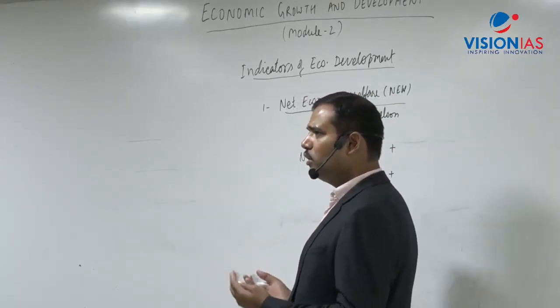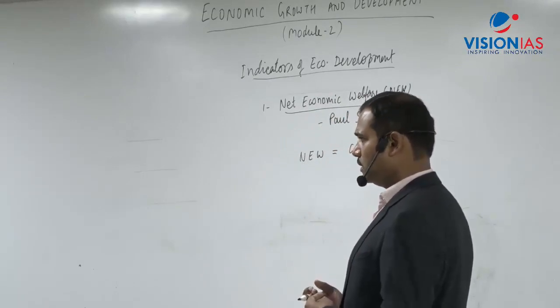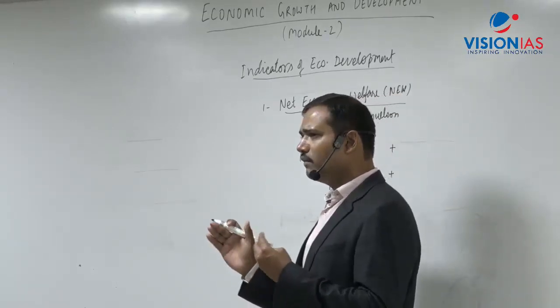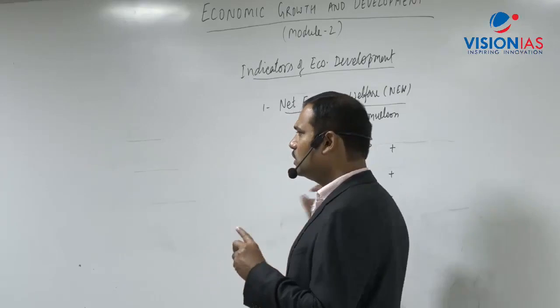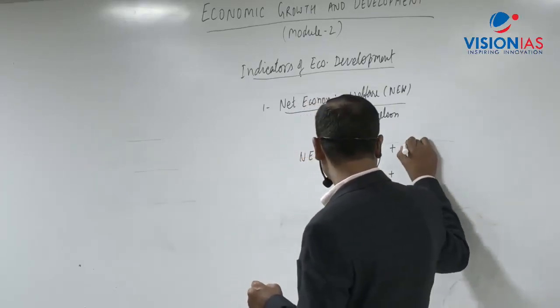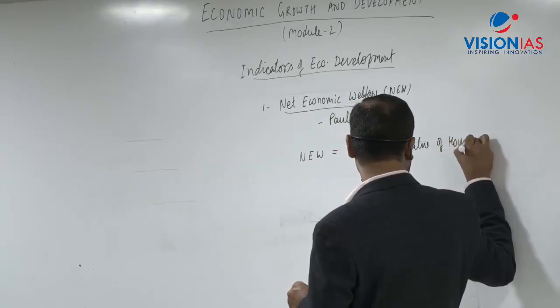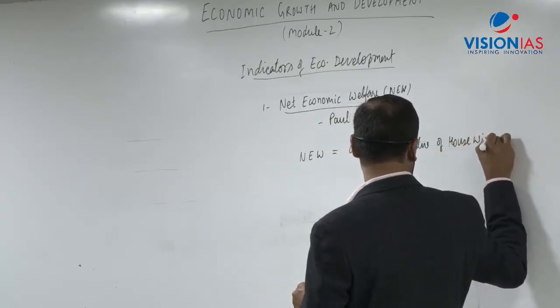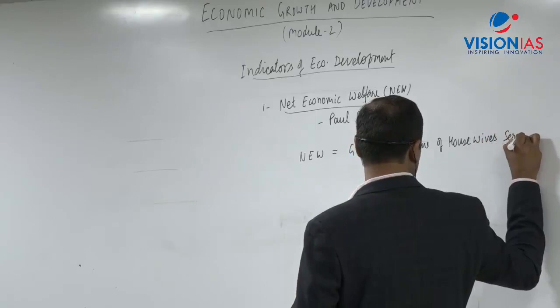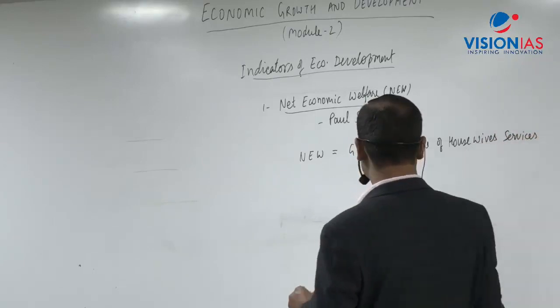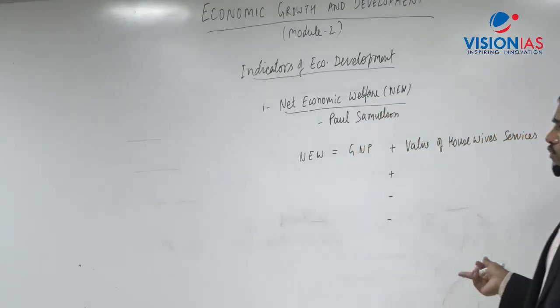So should it be included or not? Yes. Although there is a problem in estimating the value, that is why it is ignored. But he said it should be included. So one is the value of housewives' services.